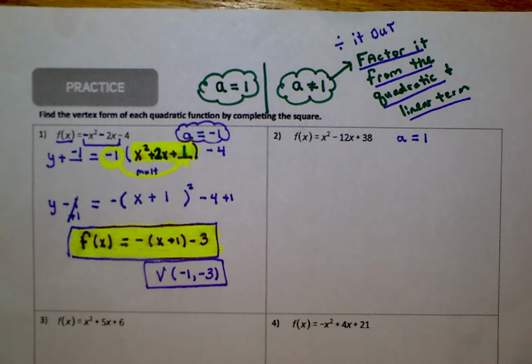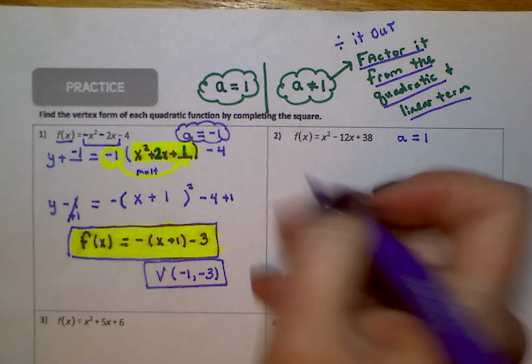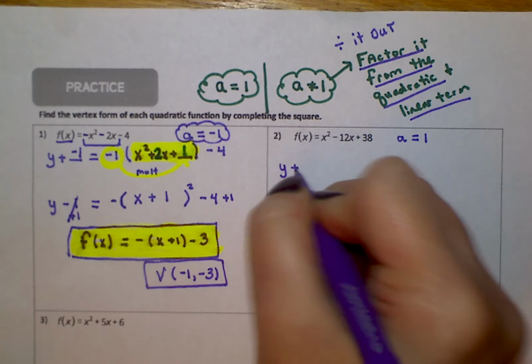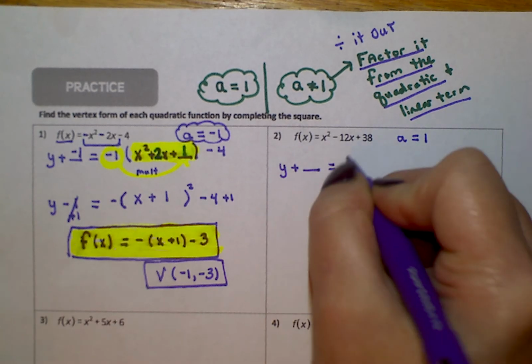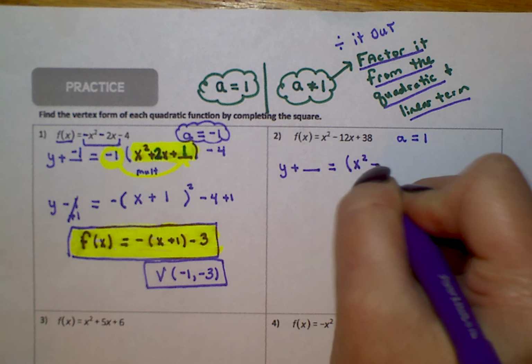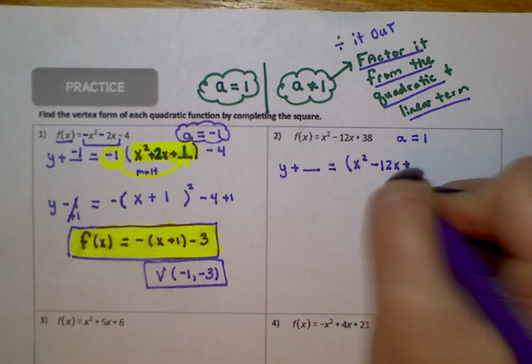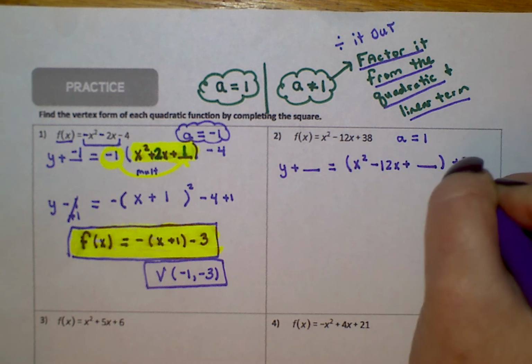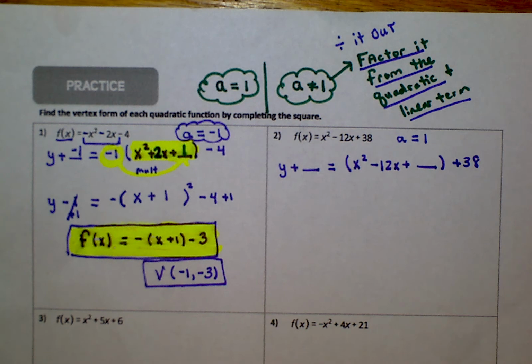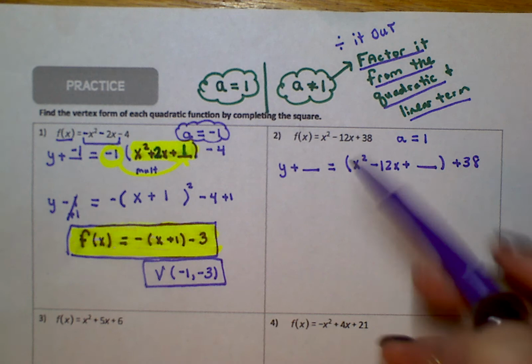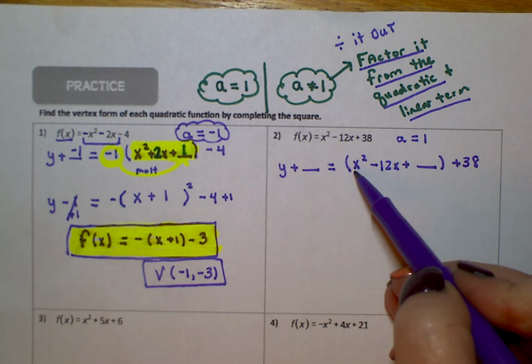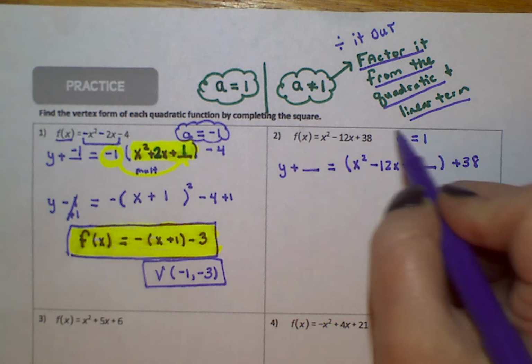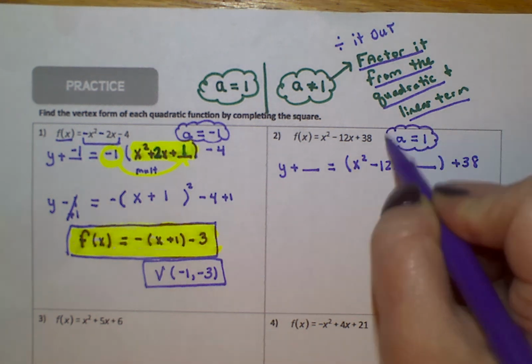Now, when A is equal to 1, all you have to do is go through and just group the quadratic and the linear together and leave the constant hanging outside. Notice that you didn't have to factor out anything because your A was already equal to 1.